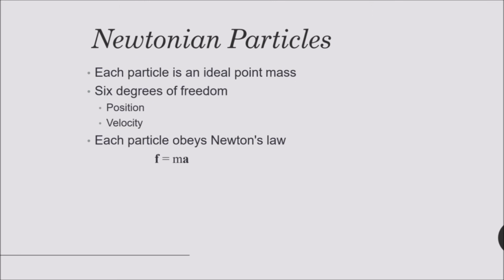Okay, so again, each particle is an ideal point mass. If it is a point mass, of course you can use F equals ma if you are considering higher mass. Otherwise you use mv for smaller things like very small particles. So this is called a Newtonian particle.